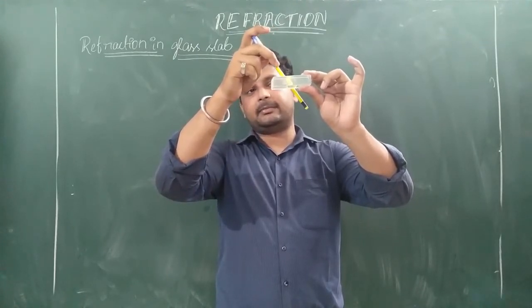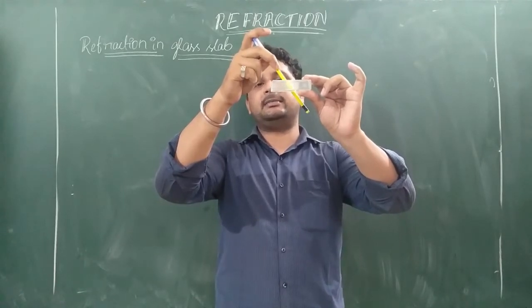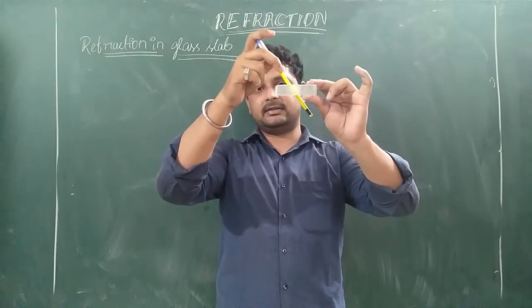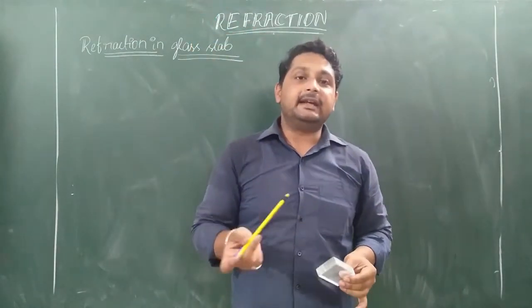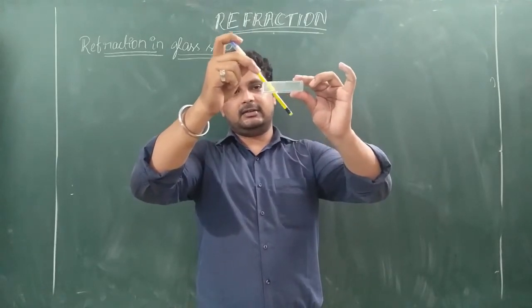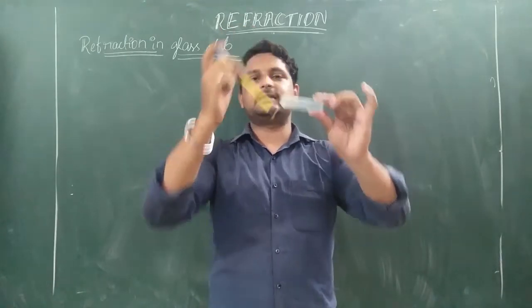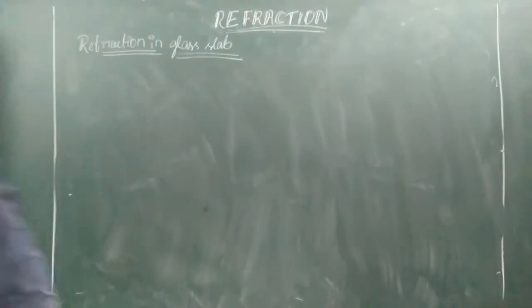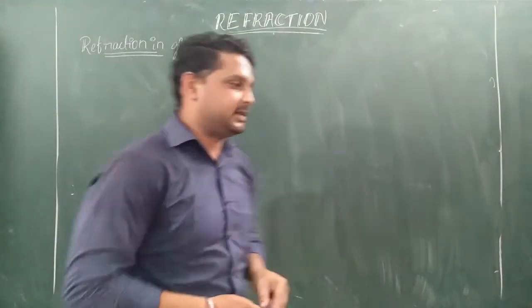You can see that the part of the pencil inside the glass slab is displaced, isn't it? This displacement is called lateral displacement. Take a look again.